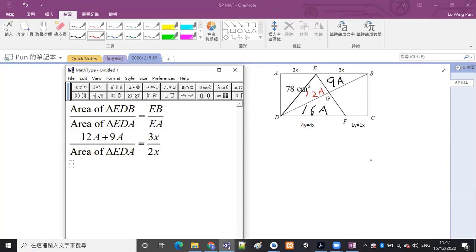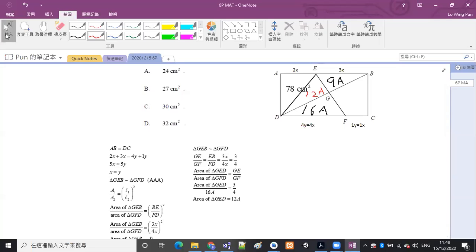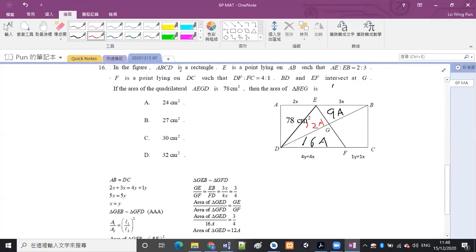Okay, so the area 21A over the area of triangle EDA is equal to 3 over 2, which means that the area of triangle EDA should be equal to 14A. Okay, so this should be 14A. Now we have found that it is equal to 14A.